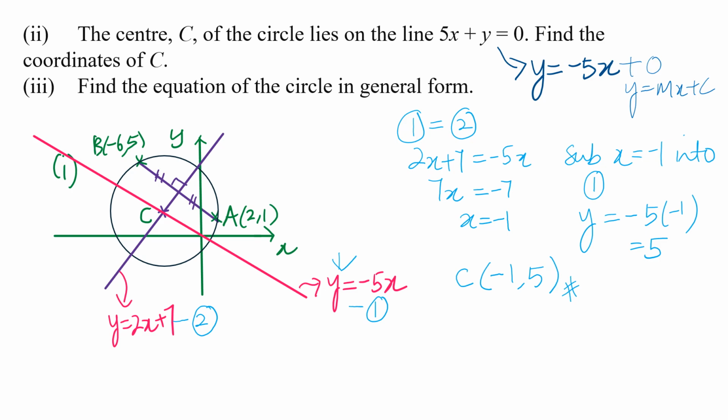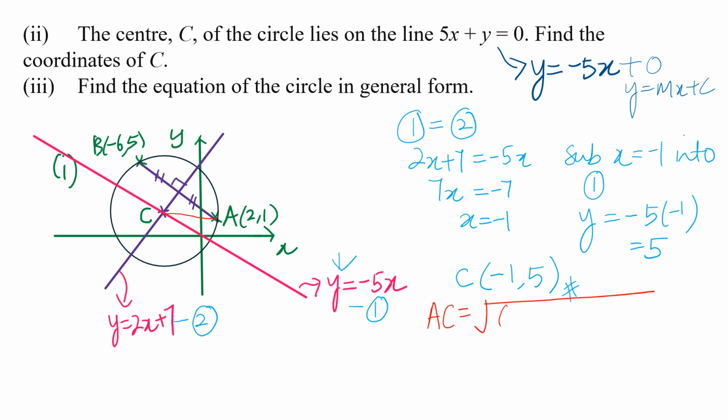In part 3, we are asked to find the equation of the circle in general form. We already found the center, but what it's lacking is the radius of the circle. For the radius, we can either use point A, joining a line from point C to point A, or join a line from point C to point B, both of which will give us the radius. By finding the distance, we will find the radius of the circle. I'm just going to find AC.